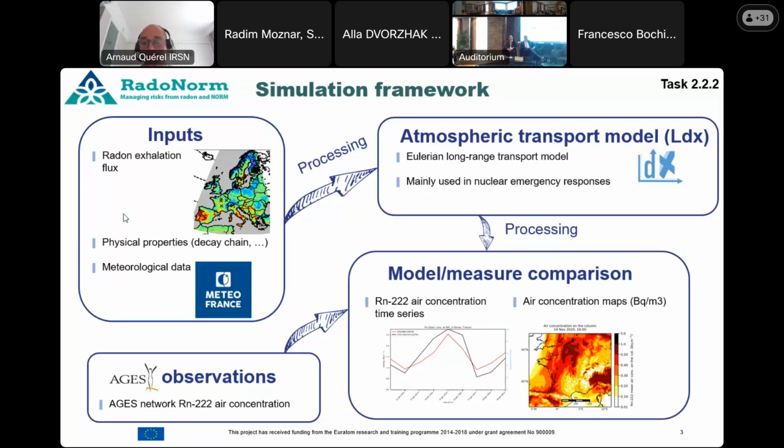This concentration can be displayed as time series or as air concentration maps. This output can finally be compared to the AGES observations to determine if the validation is performing good enough or not.